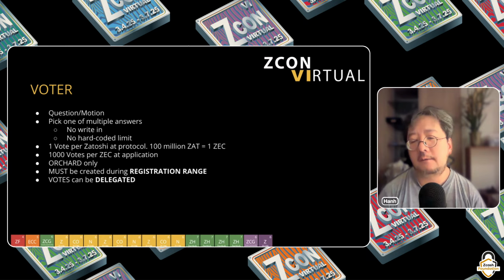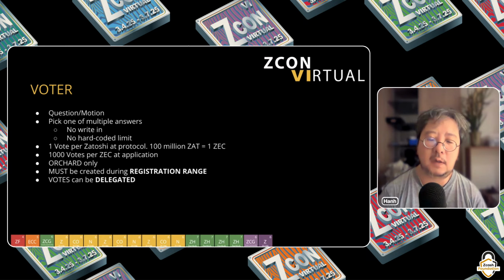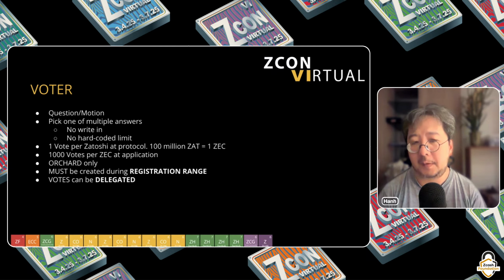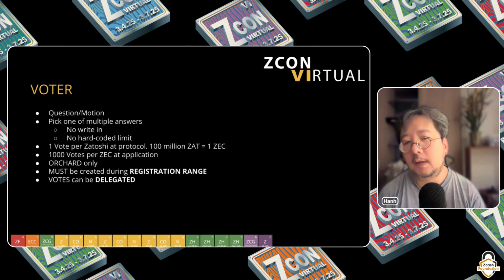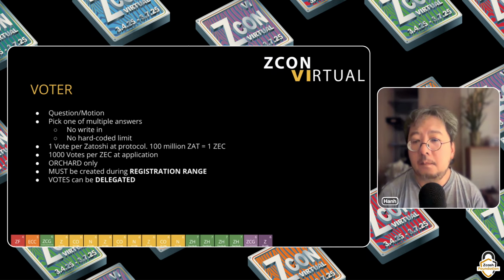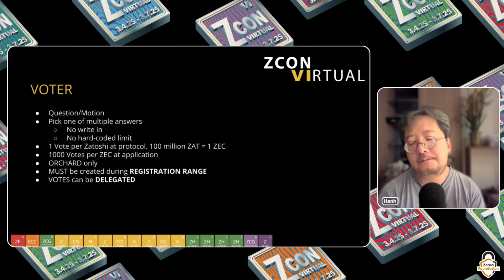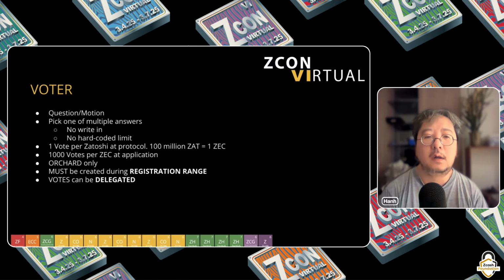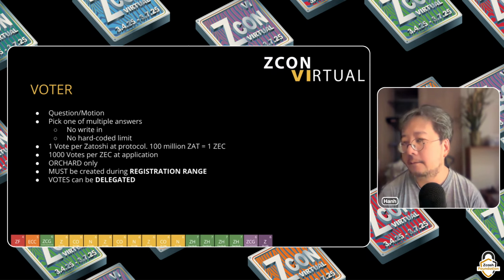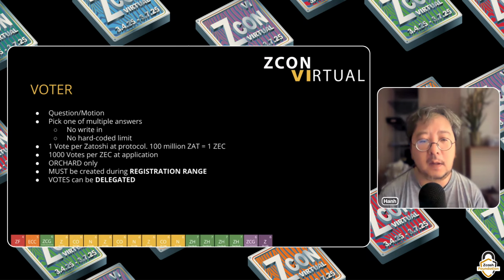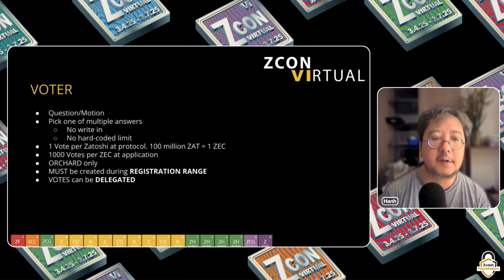But I would say it's nearly impossible that a vote has to be at that level of precision, that you would need to break a tie between two candidates just because they have a difference of one ZEC. So for practical purposes, it seems more logical to have 1,000 votes per ZEC, and that's how the application is coded. But at the protocol level, it is at the Satoshi level.